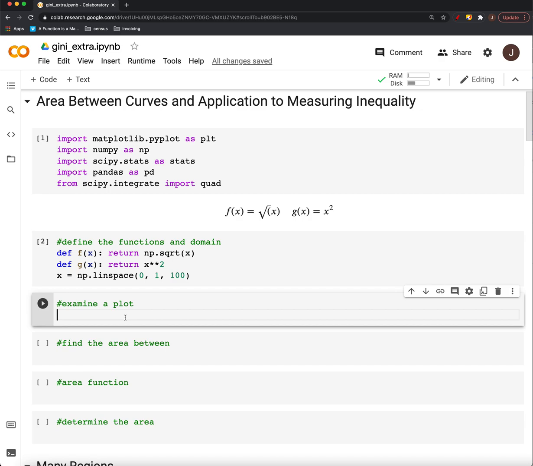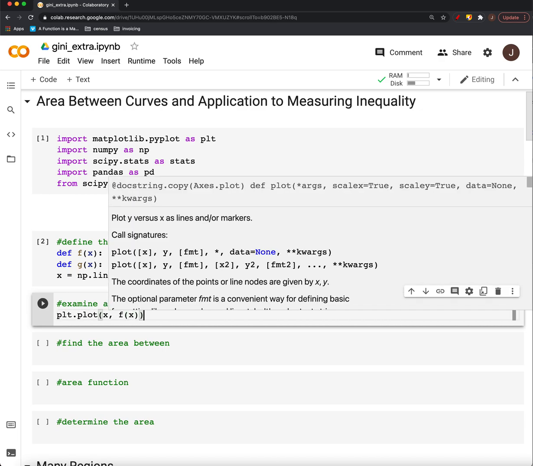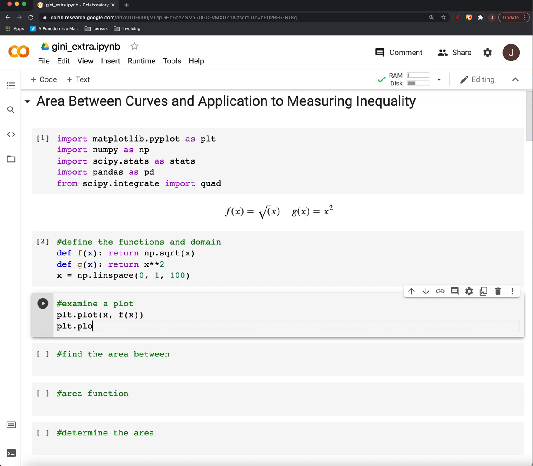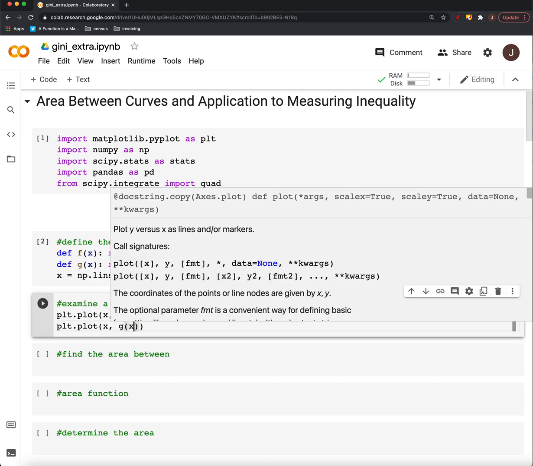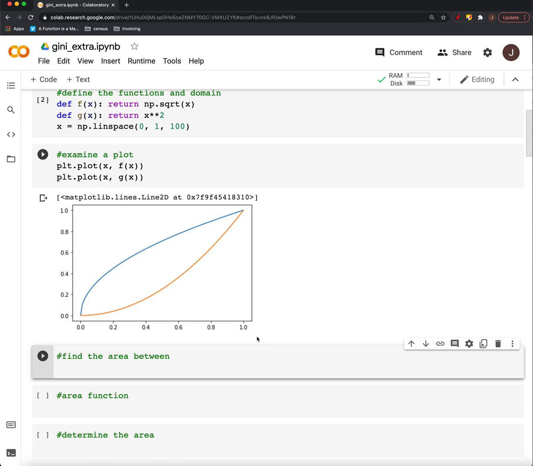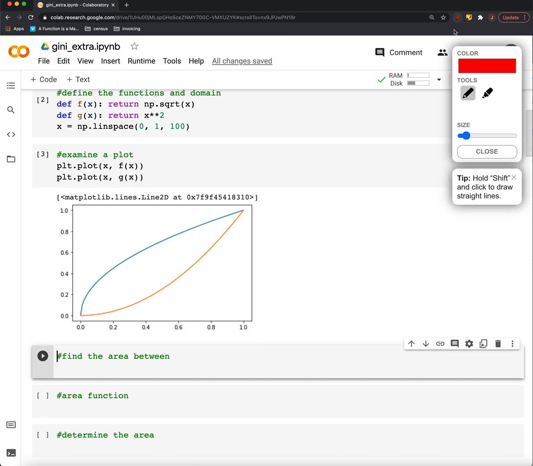So first things first, take a peek at a plot. All right, and so the region in between these curves is what we are going to find the area of.